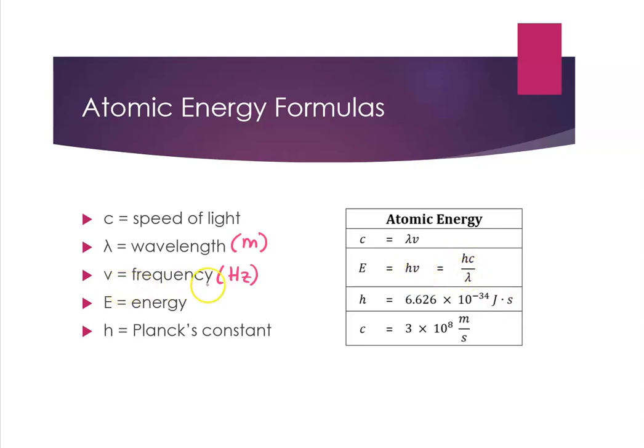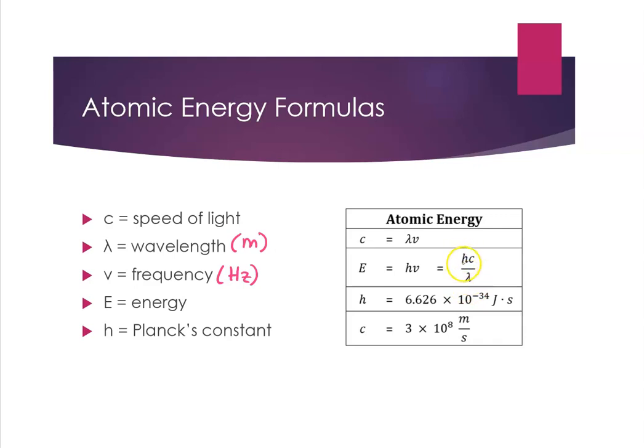If you're given v, the frequency, then we use E equals h times v. We multiply h by whatever frequency we're given, and that is what our energy value would be. If we're not given frequency and we're given wavelength, then we use this equation here. This is just this equation substituted in here to solve for lambda, in case you're wondering where it came from.